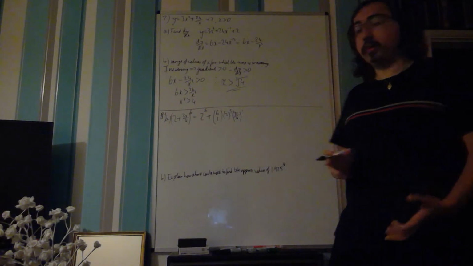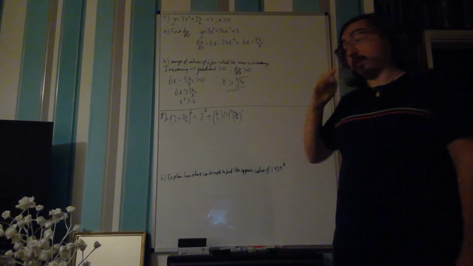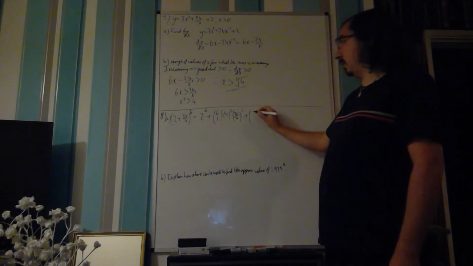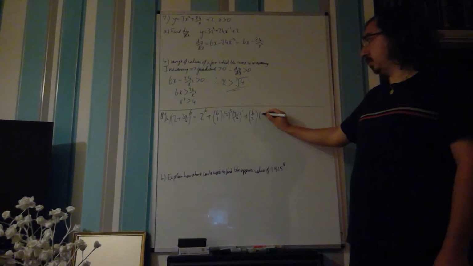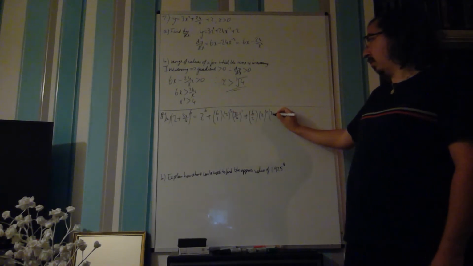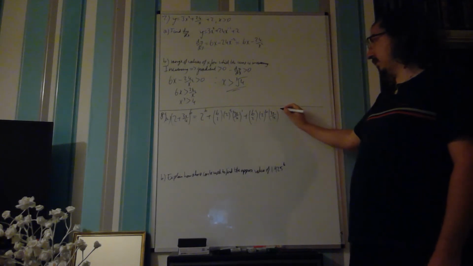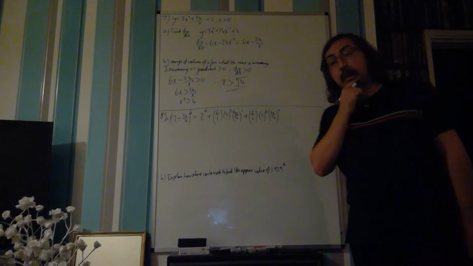That's the power of 1. You don't have to put the 1 there, but it is the power of 1. Noted these powers will add up. Plus 6, 2, 2, dropping the power by 1, 4, 3x over 4, raise the power by 1, 2, again your powers add up to 6 there.